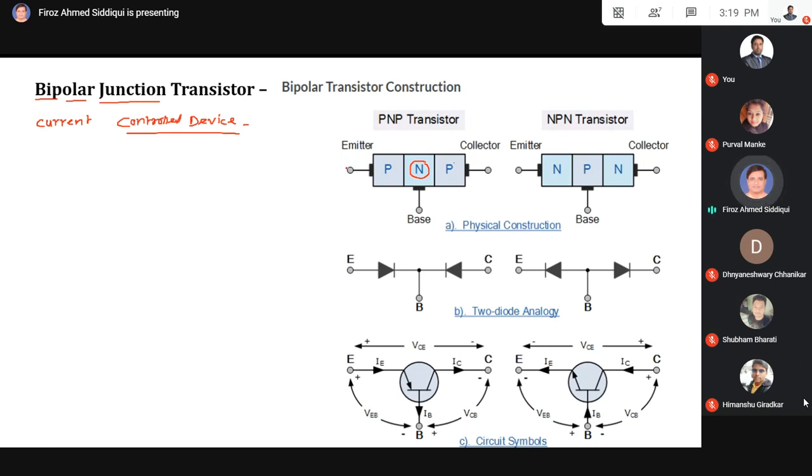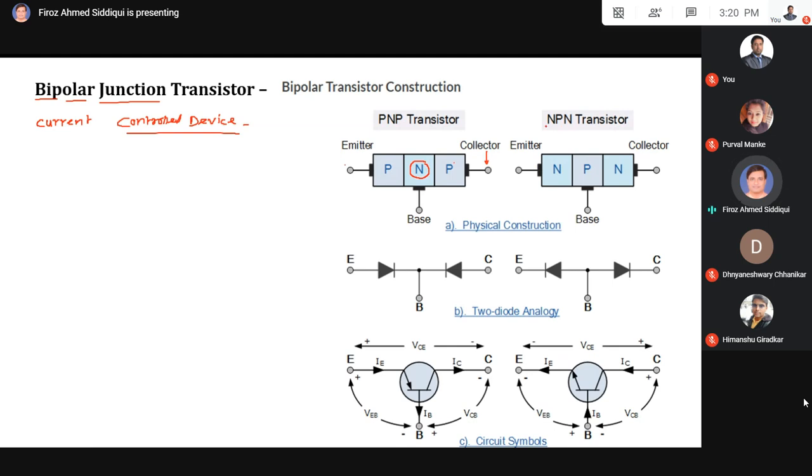One electrode is called emitter and another electrode is called collector. And the electrode connected to N-type material is called the base. So in PNP type transistor, the base is connected to the N-type material, and emitter and collectors are connected to the P-type materials.